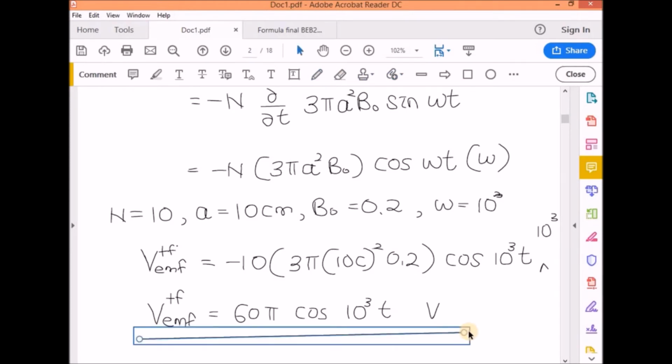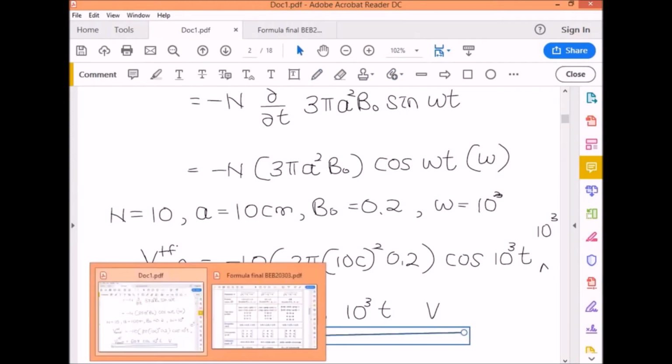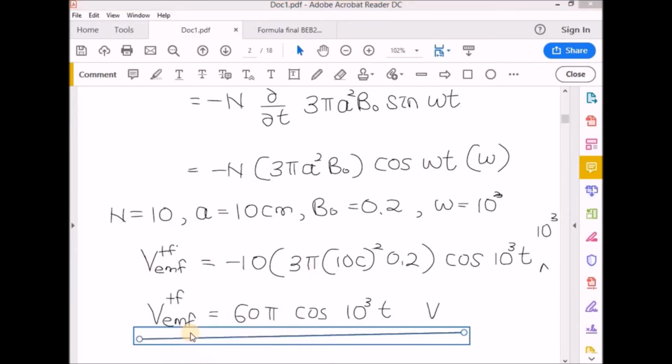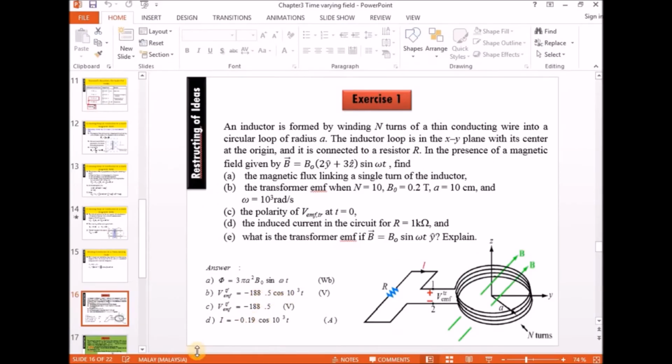Okay, so this 60 pi is equal to 188.5. Okay, they are the same, right? Same as the answer in the slide, right? This one. Same.